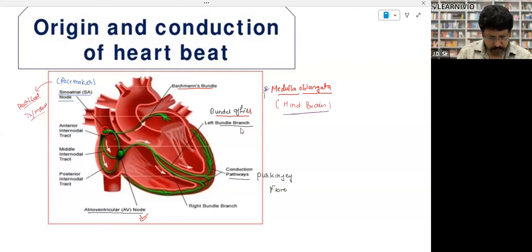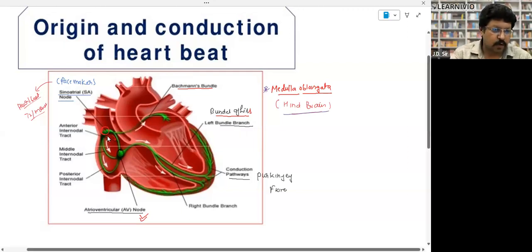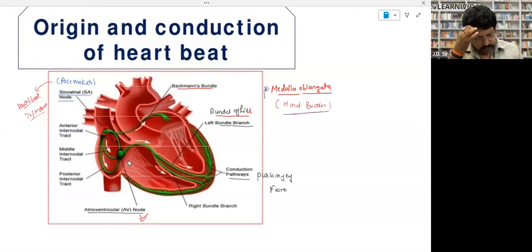Please note down. SA node I have already explained, right? Now the AV node. The AV node is situated in the wall of the right atrium. Full stop.